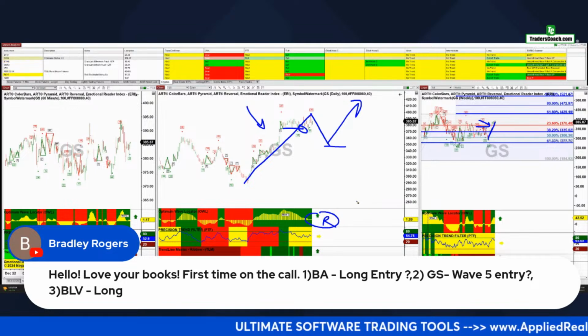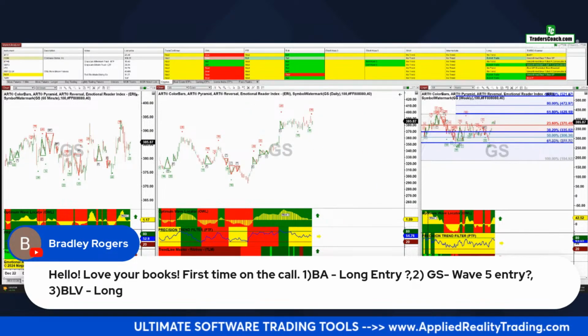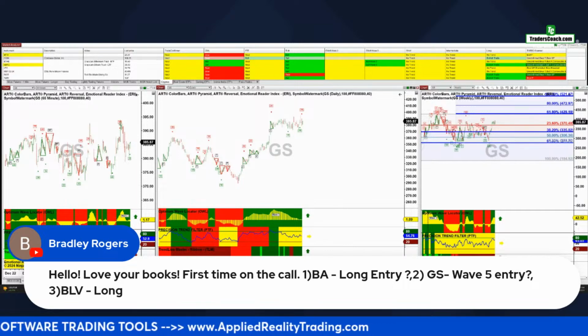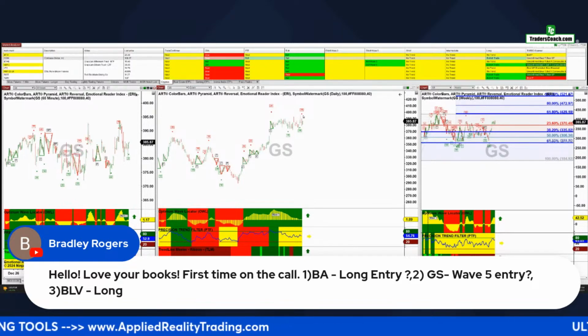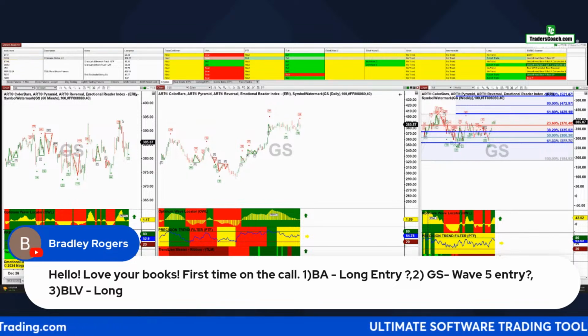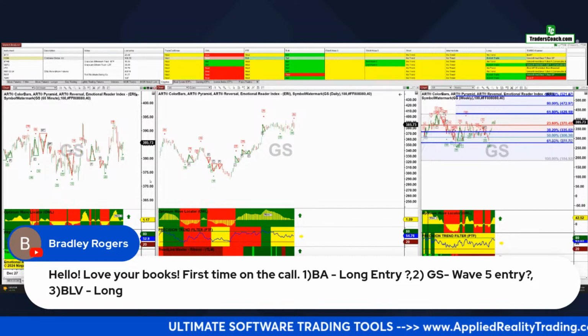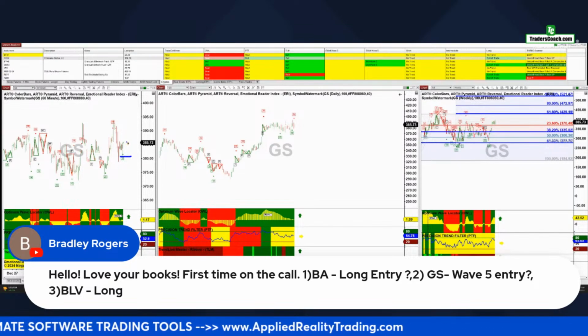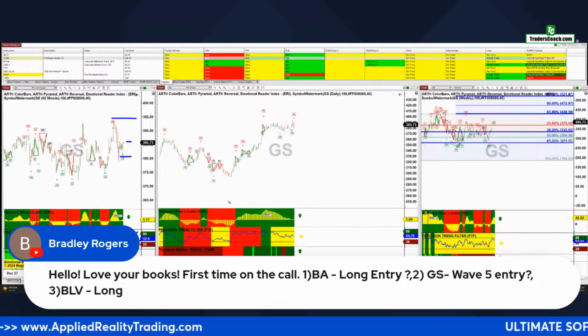So I think probably what I would do is wait for a more decent pullback. Now this is indicating we may see one more high before it pulls back. So that's kind of interesting. We may get back up to 395 before it goes into a pullback. So if that is enough of a trade for you, you can put your stop here, go long here, and exit here, that type of thing based off this indicator.